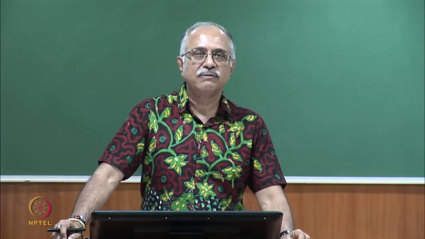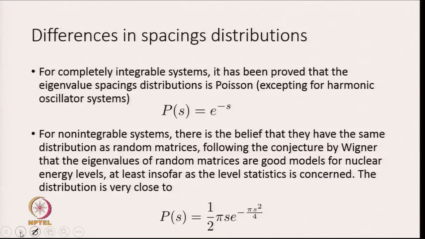attention was drawn largely by Michael Berry and by Ian Percival to the spacings distribution in those days, and it was proved that for completely integrable systems, the eigenvalue spacing distribution is Poisson.